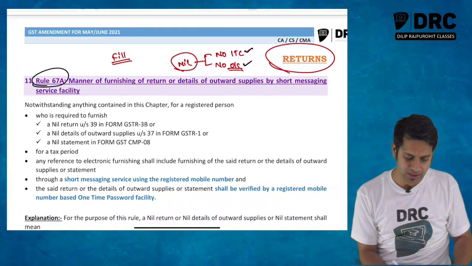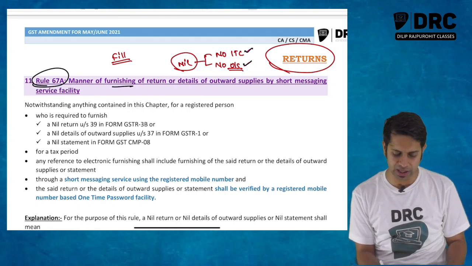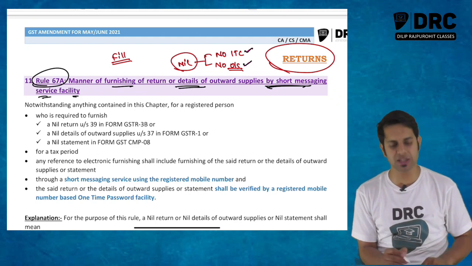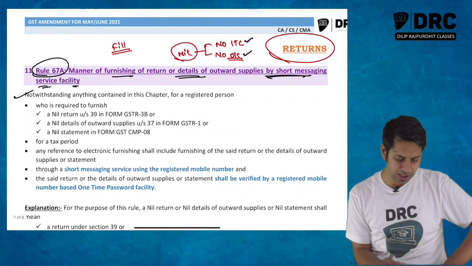Rule 67A, manner of furnishing returns or details of outward supply by short message service facility, SMS facility. What is this telling?